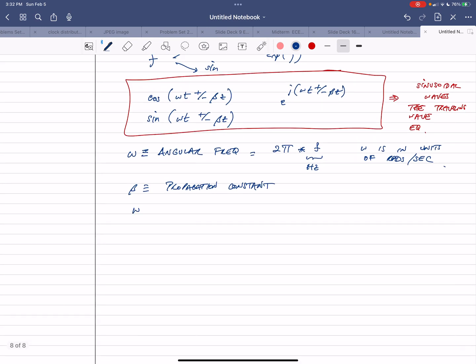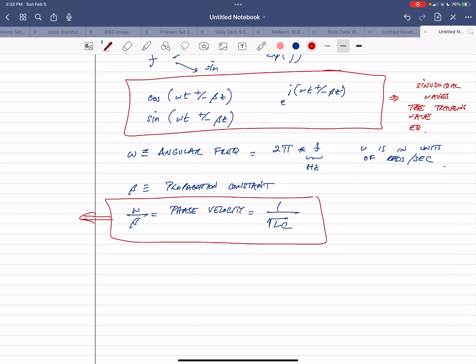And omega over beta is called the phase velocity. And that's equal to 1 over square root of LC. So I'm going to put a circle around this and say, remember this. There's a few things here that I'll call out that are worthwhile remembering.